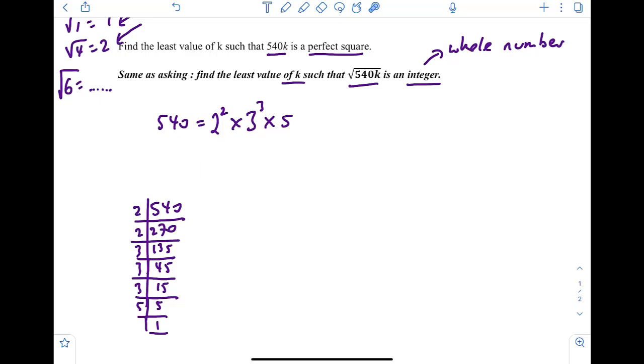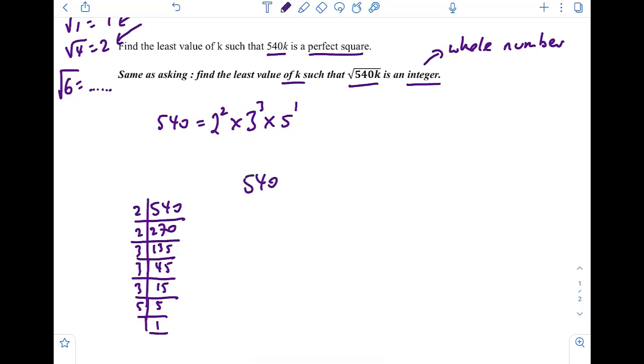And perfect squares are basically numbers with multiples of 2 as powers. I repeat, the powers must be multiples of 2. This is 5 to the power 1. 2 squared is fine because the power is a multiple of 2, but the others are not, so we need to push 3 up to the power 4, and 5 to the power 2.